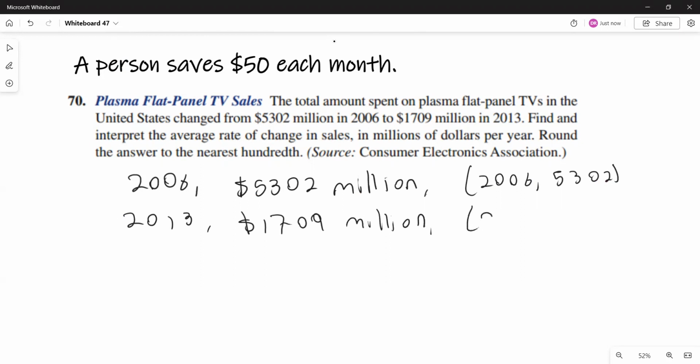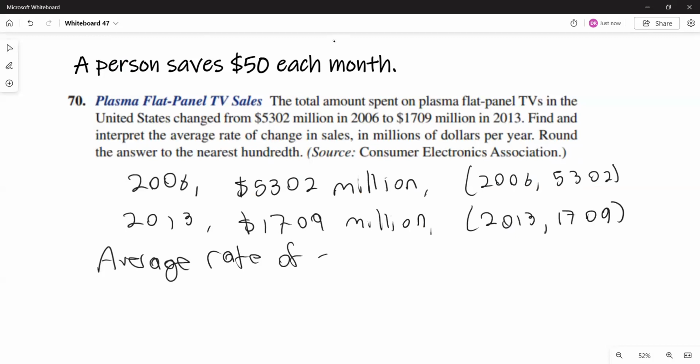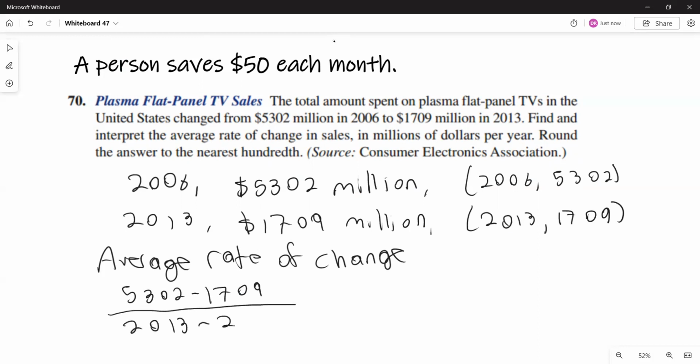That's another point, 2013, 1709. The average rate of change is going to be the change in y, so that's 5302 minus 1,709 over 2013 minus 2006.